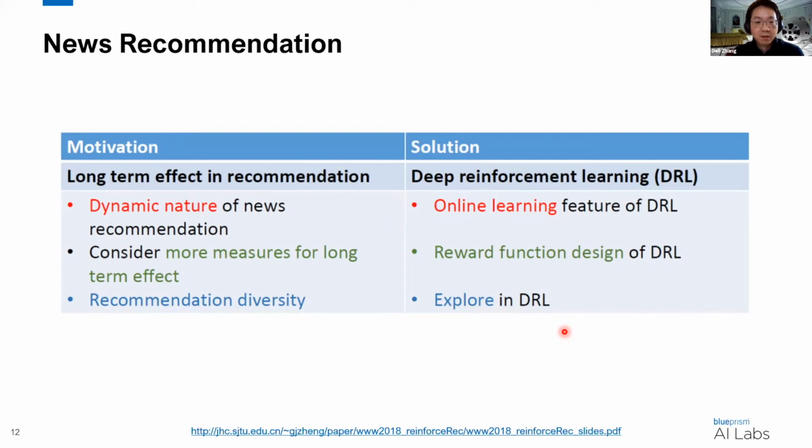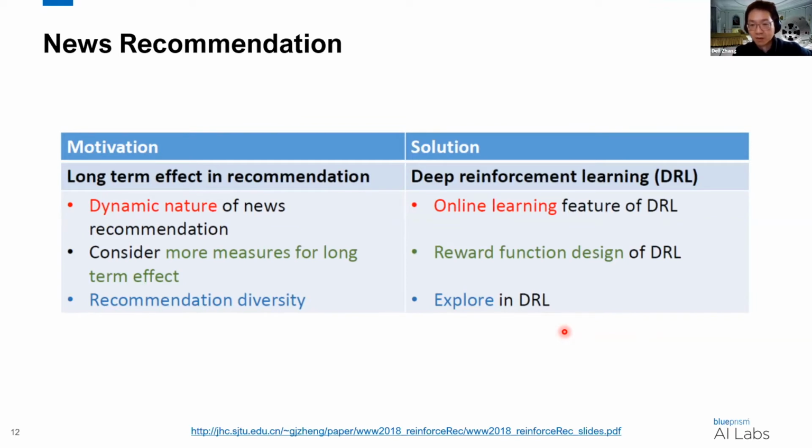So to address the dynamic nature of news recommendation, the online learning feature of deep reinforcement learning would be helpful because the agent is constantly updating the policy. And we could also consider some other performance measures for the long-term effect. Here, we could think about the design of the reward function, and in particular, some of these reward functions do not need to be differentiable.